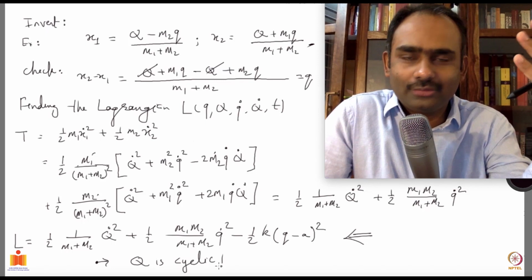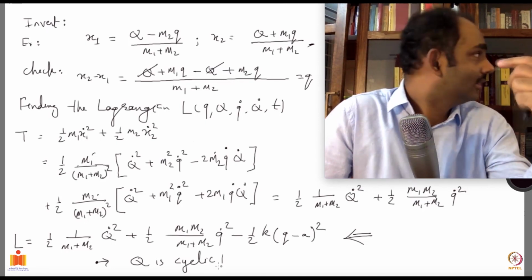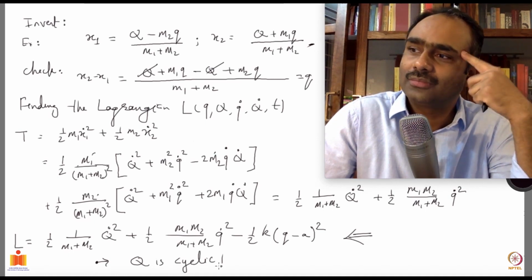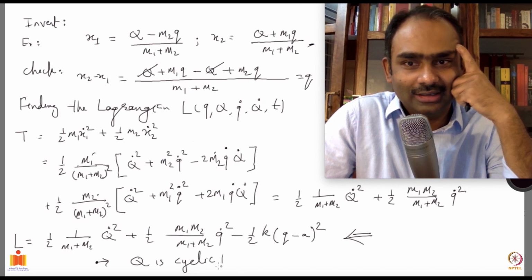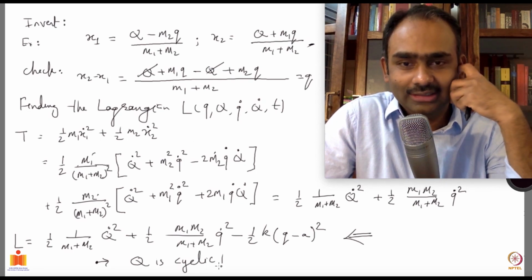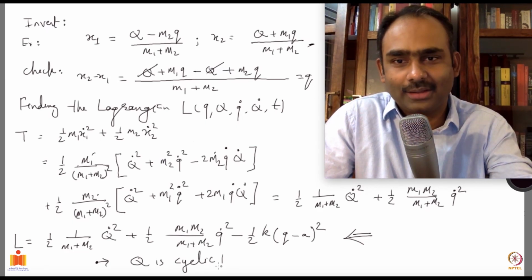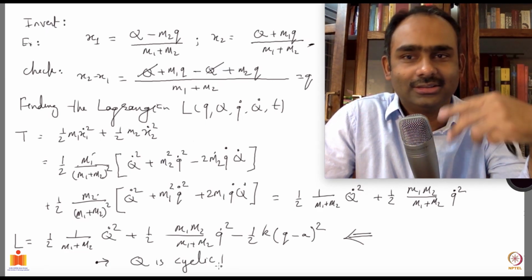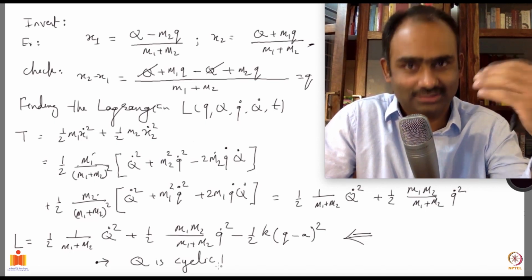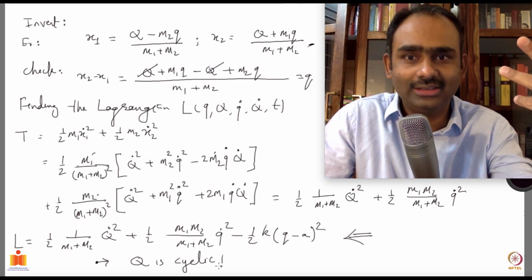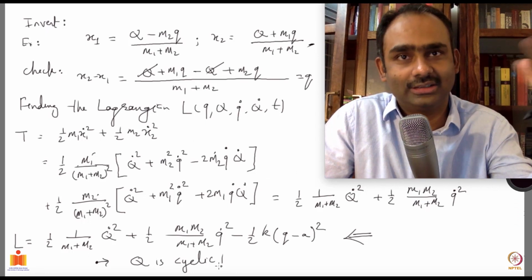You could have worked with the Cartesian coordinates, which was fine, they were independent, but then neither x1 nor x2 is a cyclic coordinate. You could have worked with the difference of x1 and x2 and the sum of x1 and x2 as the generalized coordinates, and if you do that exercise, you will find that you don't find any cyclic coordinate there as well.